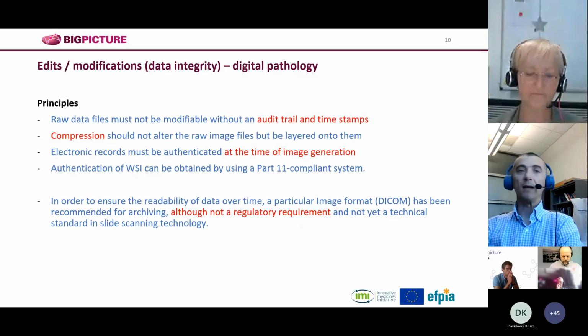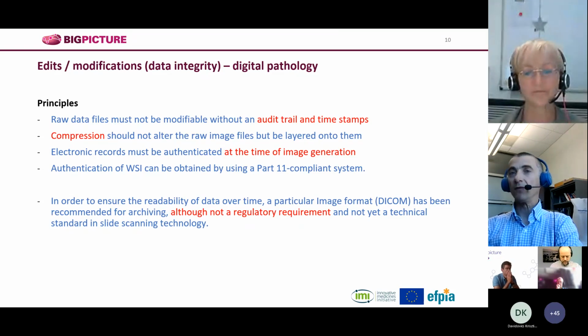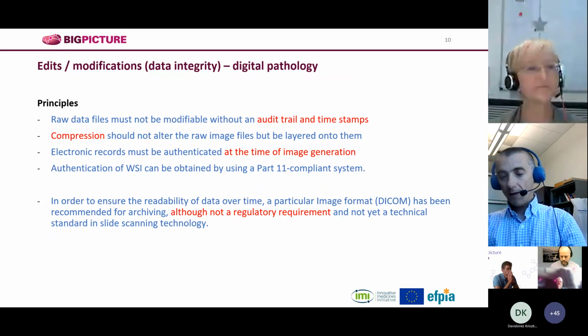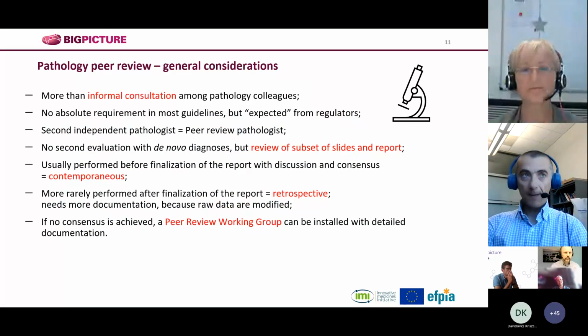So this is where we are going at the moment. But again, regarding this format, there is no regulatory guidance. Then we can go to the next slide.